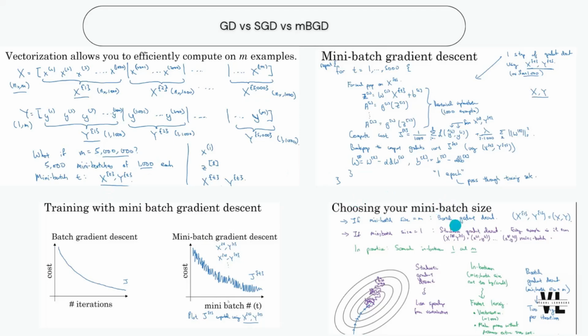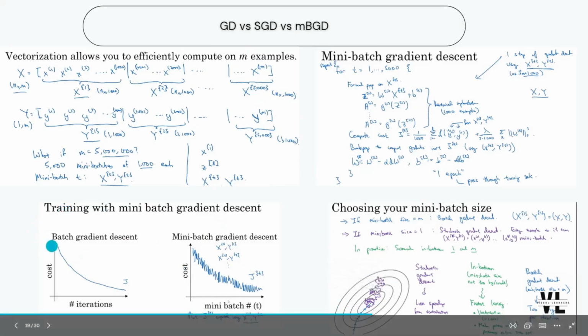because the mini batch size can be adjusted, we can use different sizes, but the two extremes can be, if we use the entire training set M as one mini batch, it's basically going to be considered as batch gradient descent, and it's going to be smooth as we move towards the minimum.